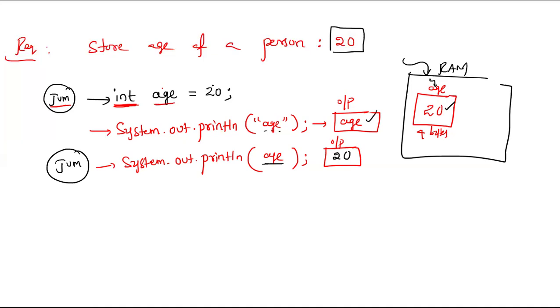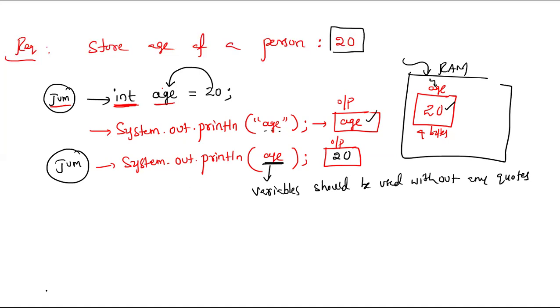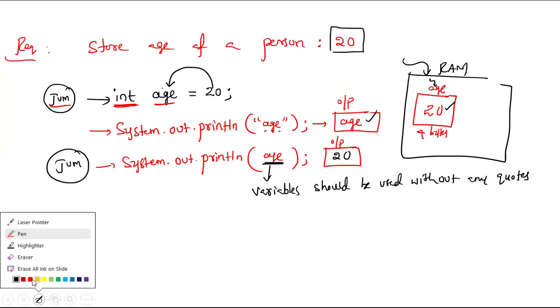But to get the value of a variable, we have to use the variable name as it is. So for your notes, to remember better, variable names should be used without any quotes. I mean no single quotes, no double quotes. Any question? Please, it will help others also. Understood? Yeah.